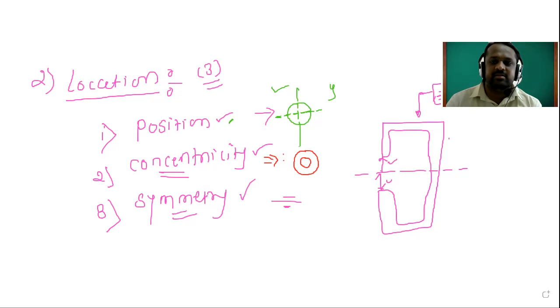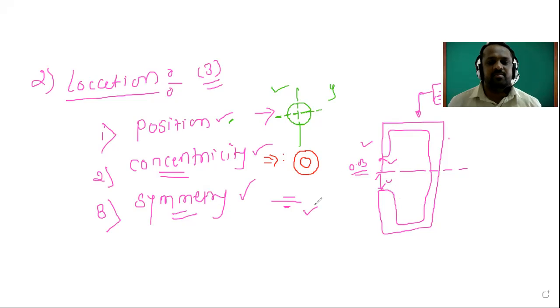The symmetricity of that component should be within the tolerance zone 0.02. If this both the distances are not equal and the variation is there, and that variation is within that tolerance, again we can call it symmetry. And this is the symbol for the symmetricity.